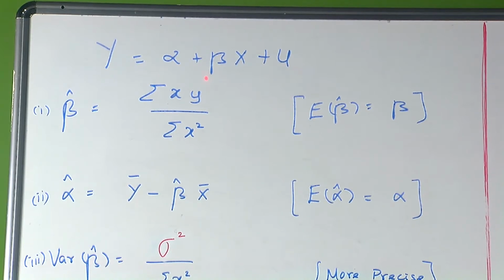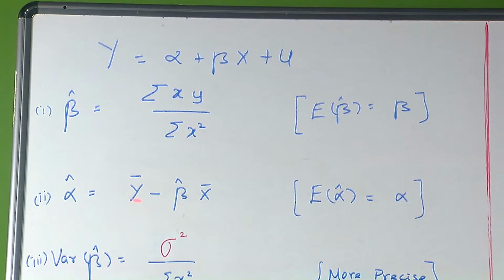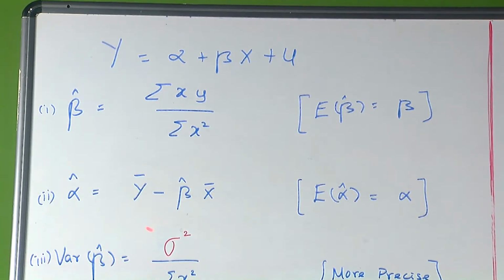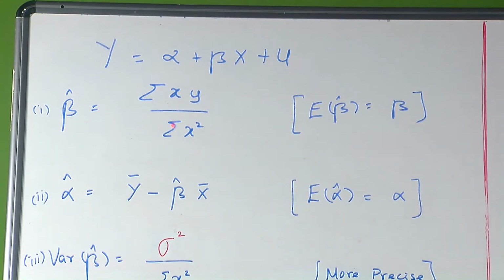So in the classes previously, we saw beta hat is nothing but sigma xy by sigma x square, and alpha hat is equal to y bar minus beta hat x bar, where x bar and y bar are the means of x and y respectively.